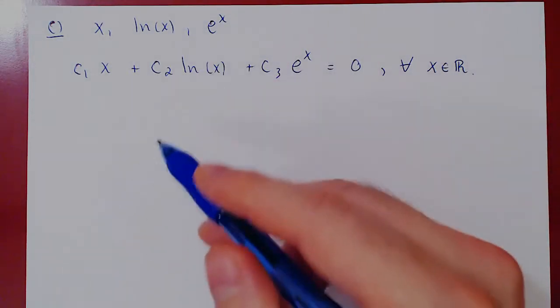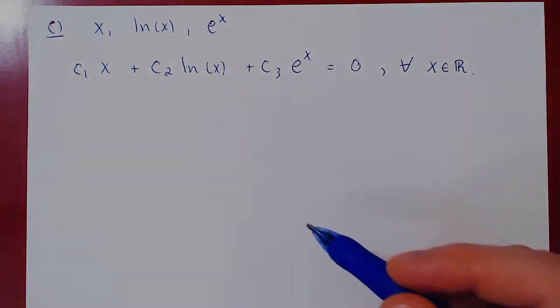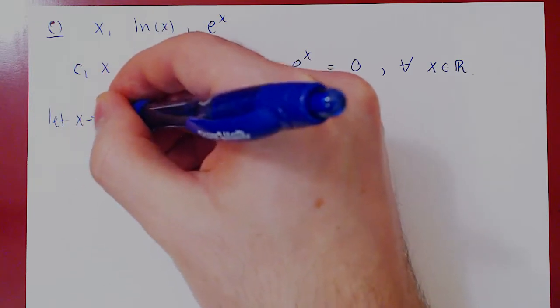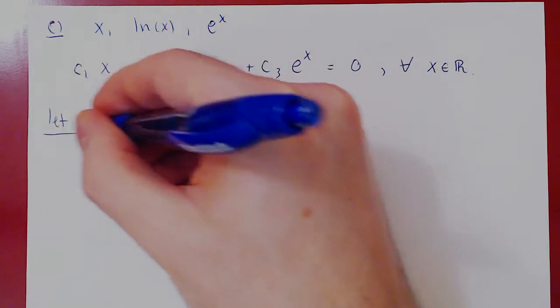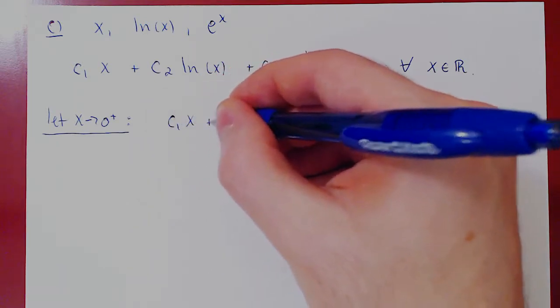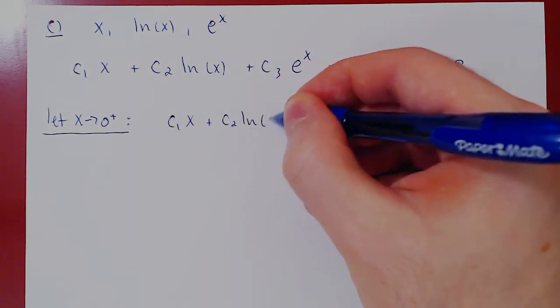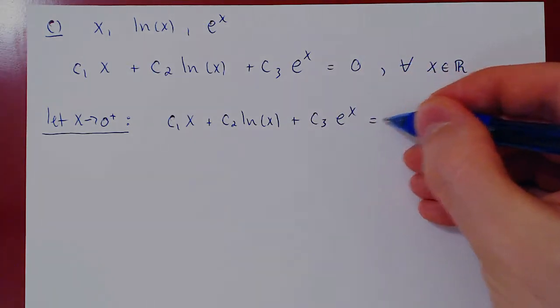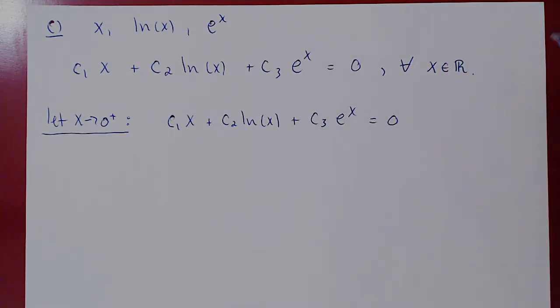If we wanted to, we could let x approach 0 from the right. Let's see what happens to our linear combination: c1x plus c2 ln of x plus c3 e to the x, and this must be equal to 0 for all real values of x.